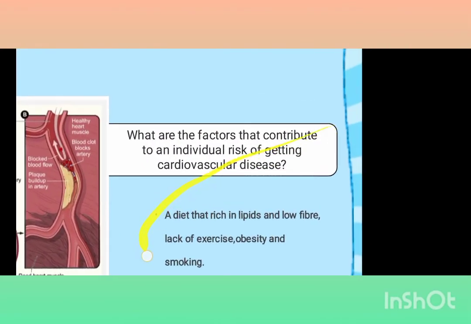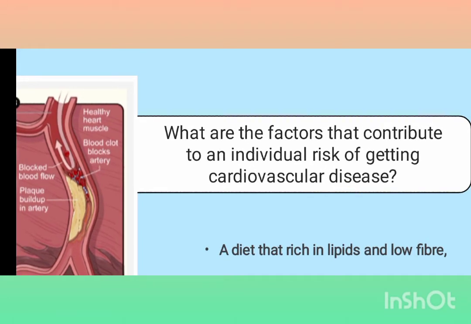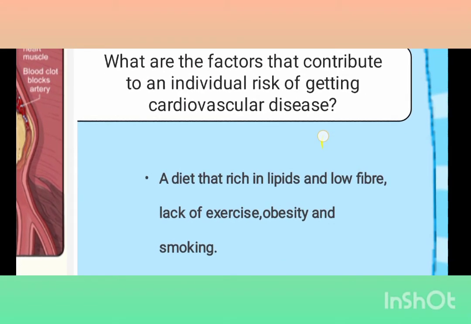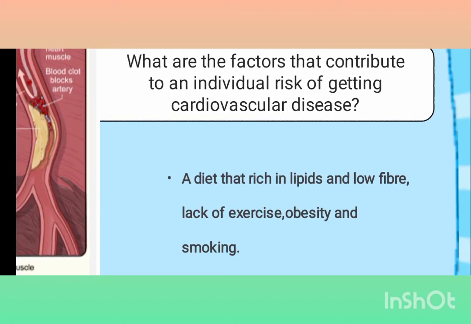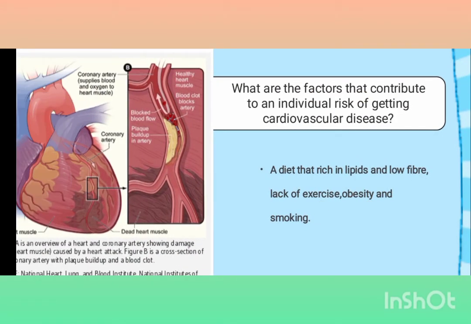So the next question, what are the factors that contributes to an individual risk of getting cardiovascular disease? So the factor is a diet that rich in lipids and low fiber, lack of exercise, obesity, and smoking. So these are the factors that contributes to an individual risk of getting cardiovascular disease.